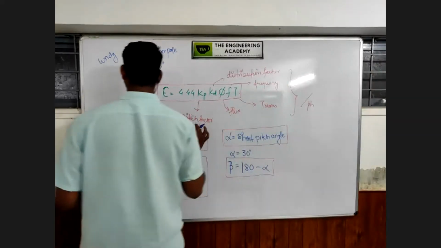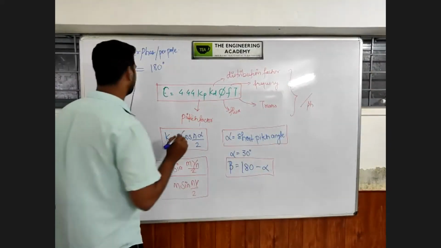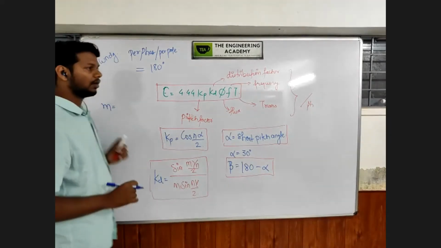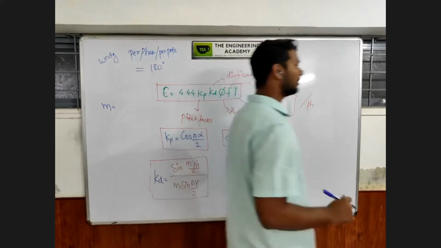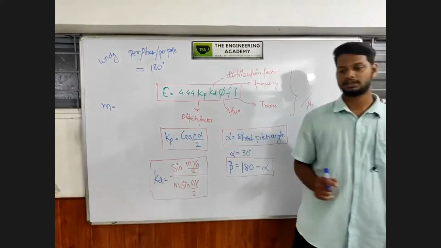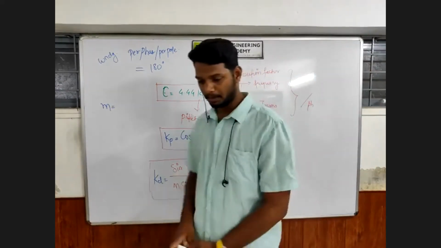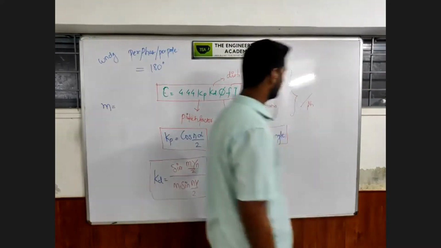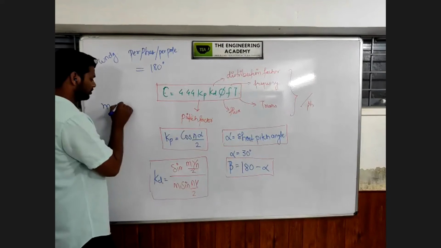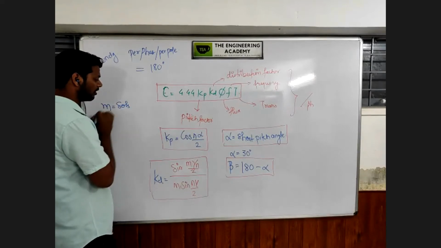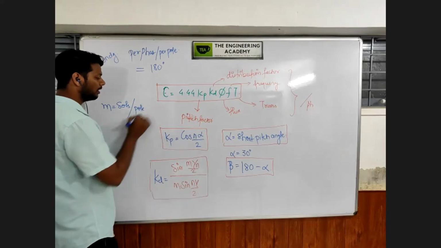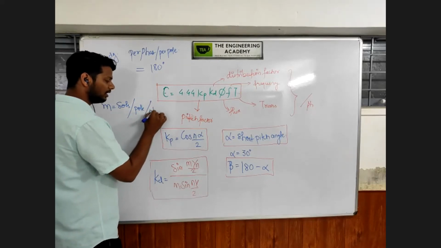So coming to M. What do you mean by M? M is called slots per pole per phase.